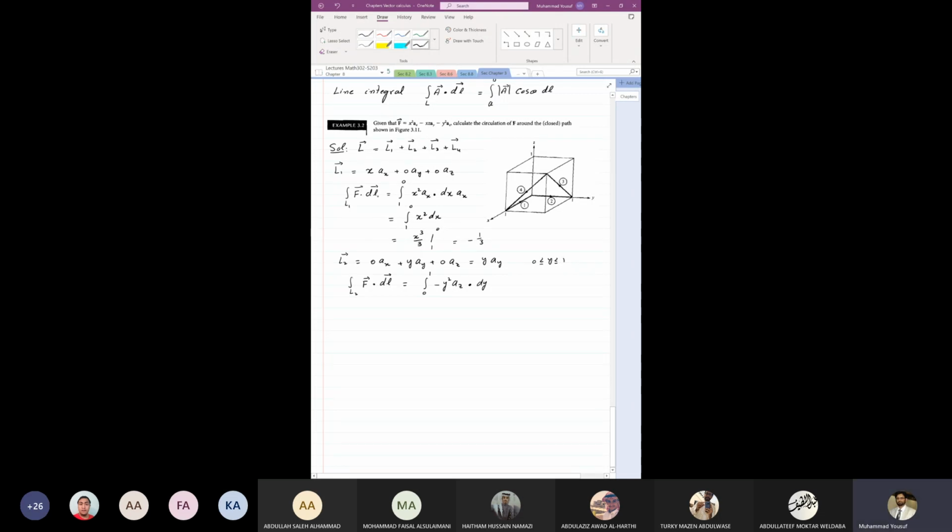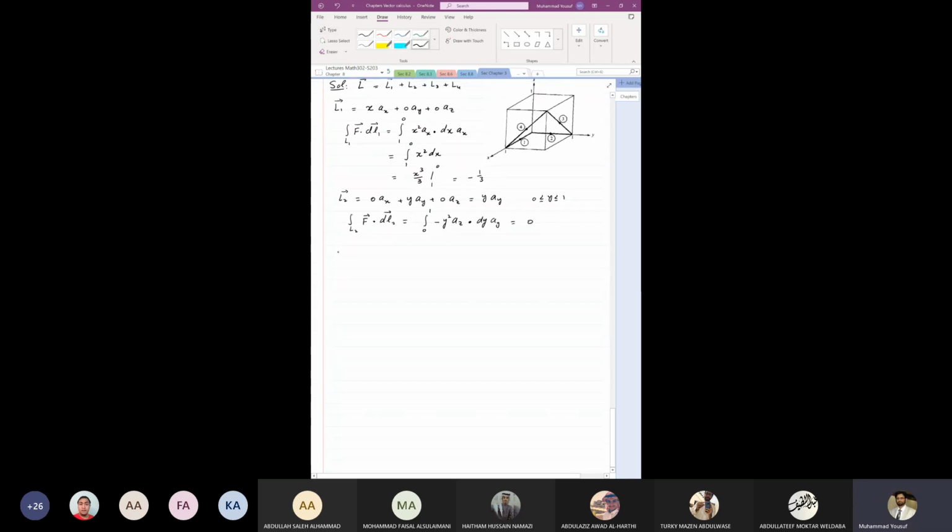If you like, you can also put dl1 here and dl2 here. dy ay. Now this is equal to 0 because az dot ay is 0, like i dot j is 0.